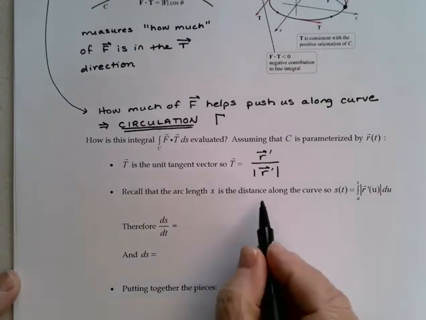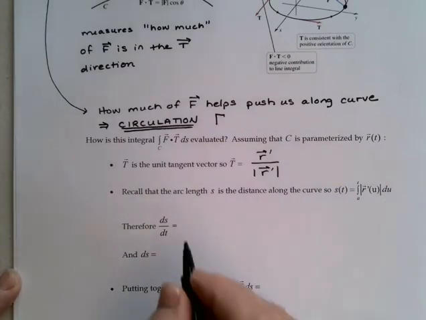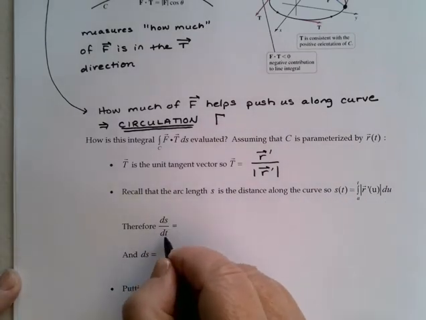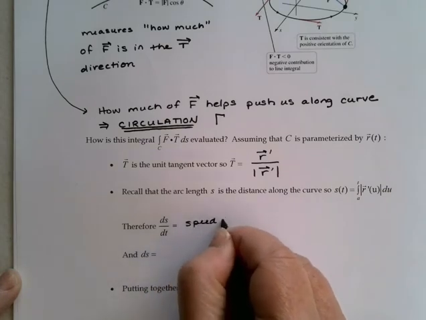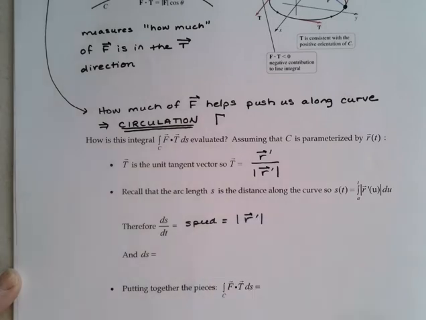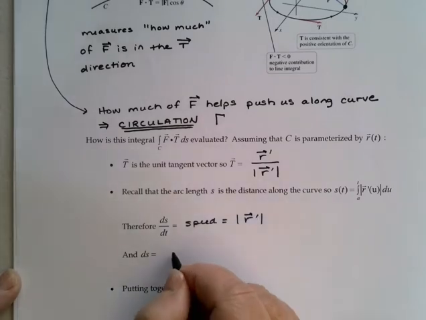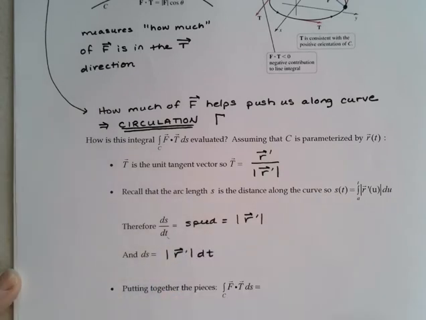Arc length is the distance along the curve. This is true, but I wasn't using it. I was saying that means that ds/dt, the derivative of distance, is speed, but another way to write speed is the magnitude of the velocity vector. So ds would be the magnitude of r prime, multiplied by dt.